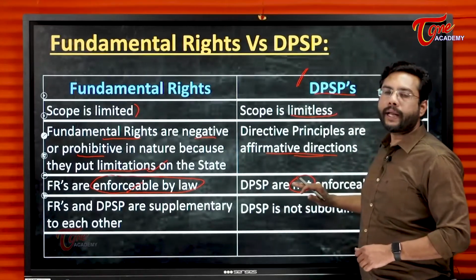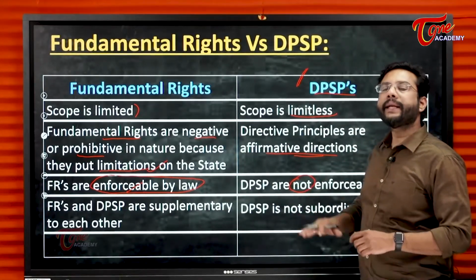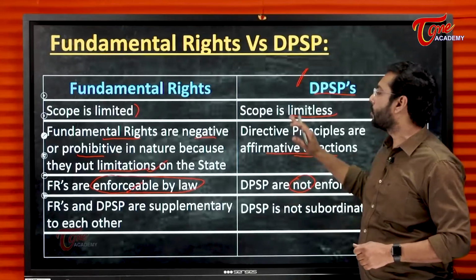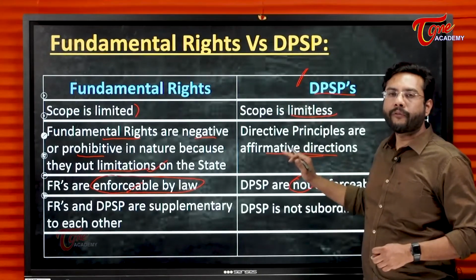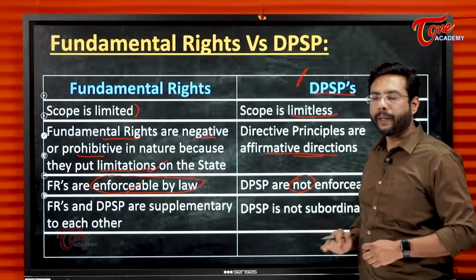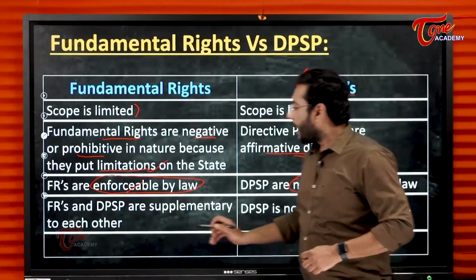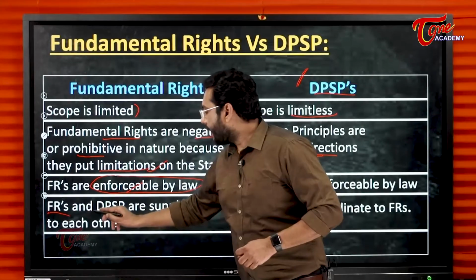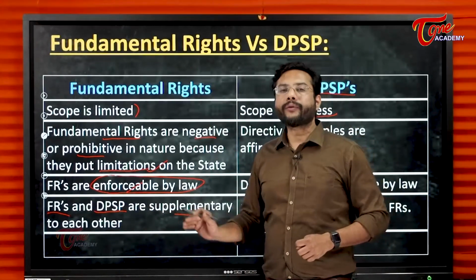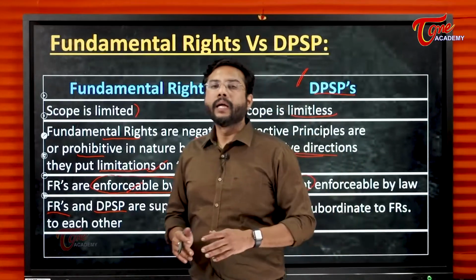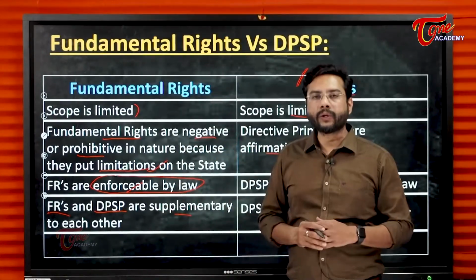DPSPs are not enforceable because there are many such provisions in the constitution where we cannot enforce every provision mentioned in the DPSP. So I say fundamental rights and DPSP are supplementary to each other. They are not contradictory. They should go hand in hand together.